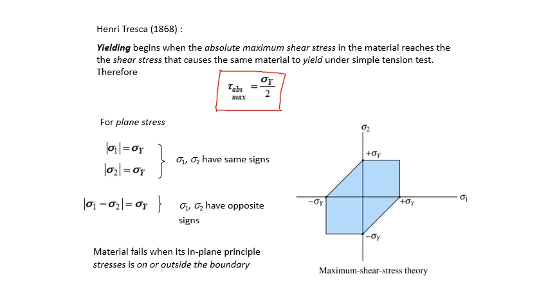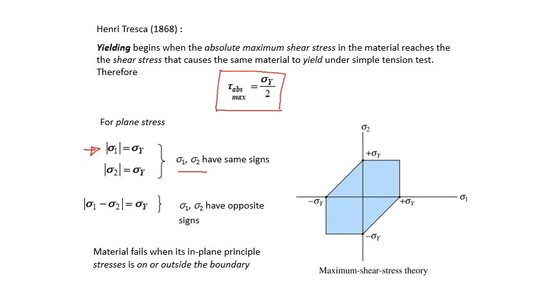So we have two conditions for plane stress. One is when we have sigma 1 and sigma 2 having the same signs, both positive or both negative. If both are positive, then sigma 1 equals sigma yield is the limit. That means when the magnitude of sigma 1 reaches sigma yield, then it starts to yield or fail.